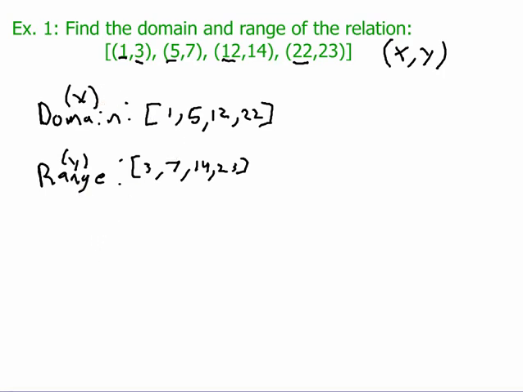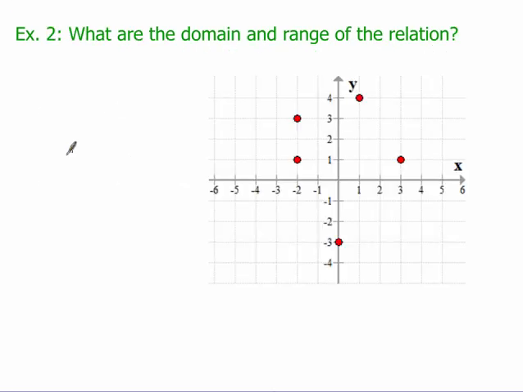All right, let's take a look at another example. I'm going to use the graph, and I'm going to find the domain and range of this relation that's shown as a graph. The domain, once again, we know is just all the X values. So I'm just going to go to each one of these points and figure out what is the X value. Here I've got negative 2. You notice that both of these points have an X of negative 2.